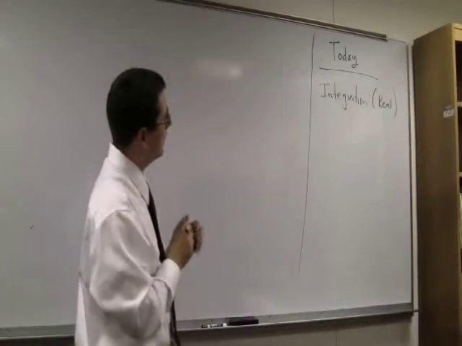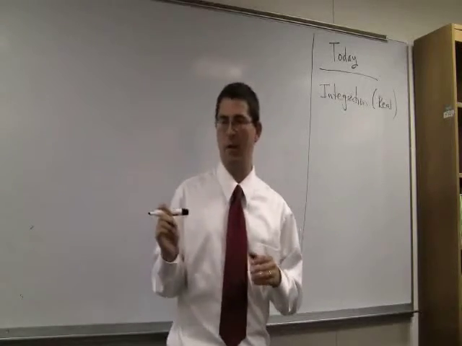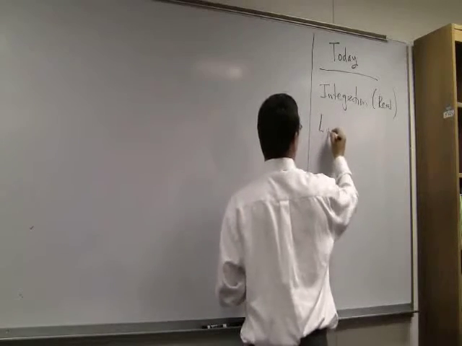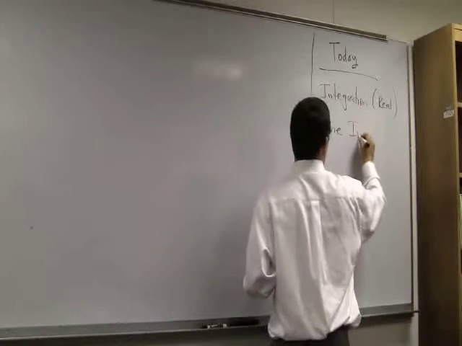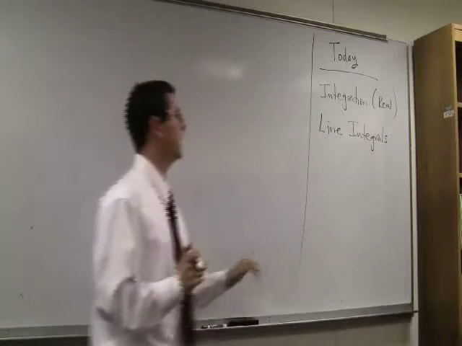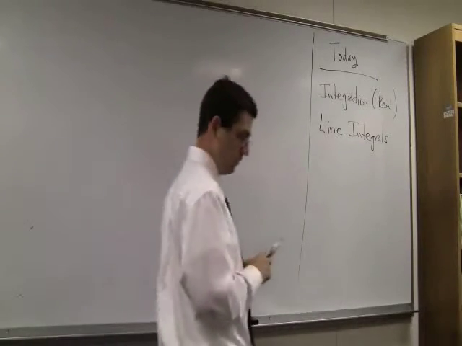And then we're going to talk about something which those of you from 265, well, you haven't seen yet in 265, but which are coming eventually, known as line integrals. And actually, the next topic in 265 was supposed to be double integrals and triple integrals.